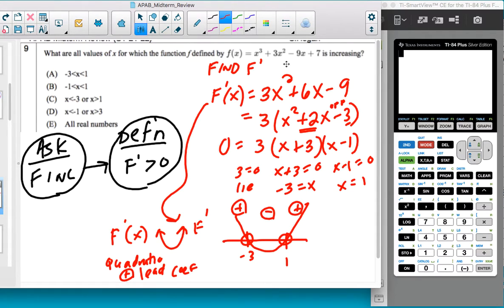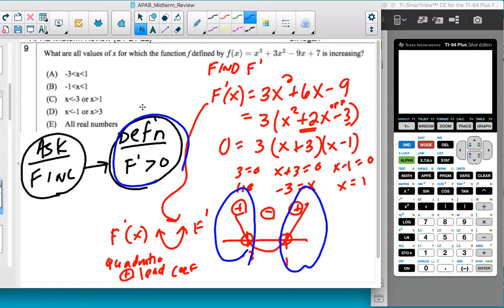So when I'm asked when my f is increasing, we want when f prime is greater than 0. Well, that seems to be here and also here. So my answer is going to be x is less than negative 3 or x is greater than 1. And I'm looking for this answer, and that's my answer C.